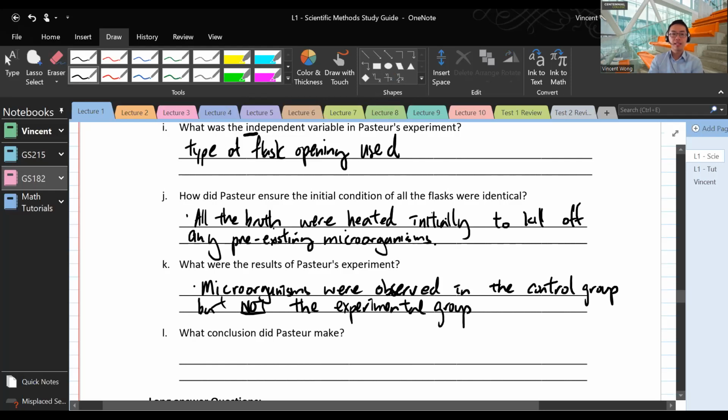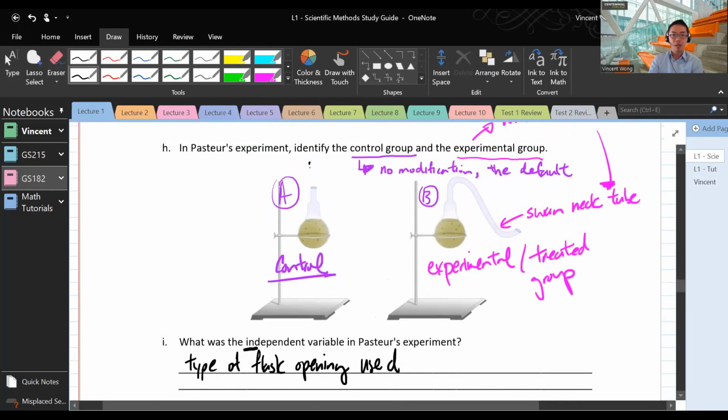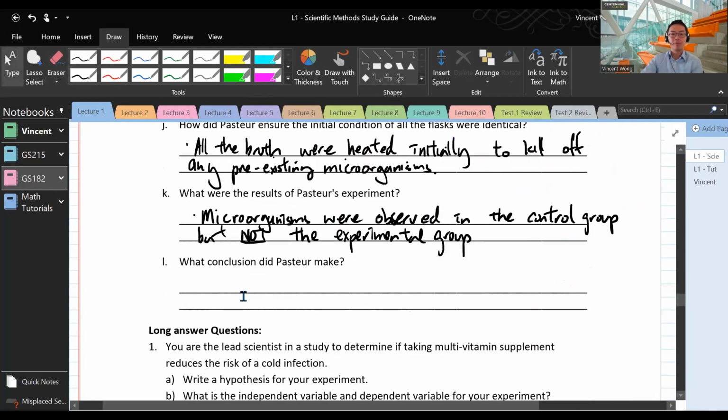And again, that's expected, right? I'll come back to that in a second, because if it's open top, then the airborne microorganisms can go in and then they will multiply. The microorganisms in the air might come in here, but they cannot climb up the neck, right? They don't have wings or anything like that, right? So the broth remains sterile.